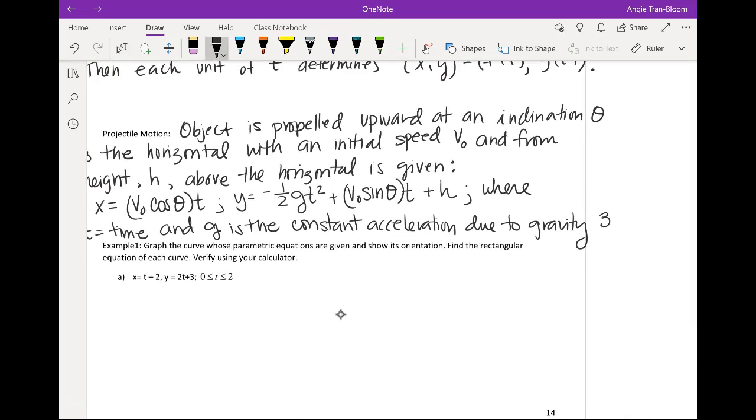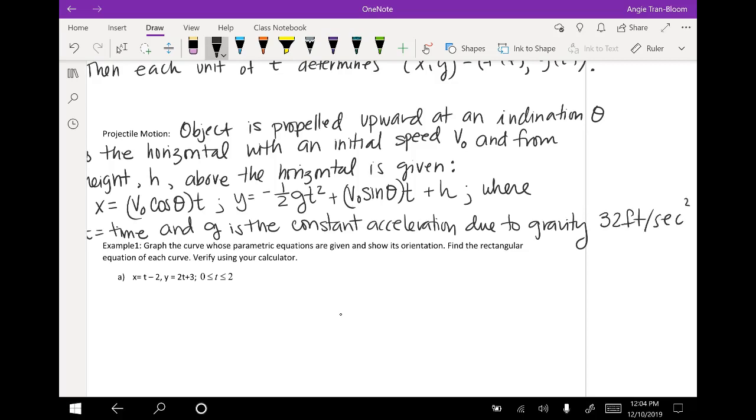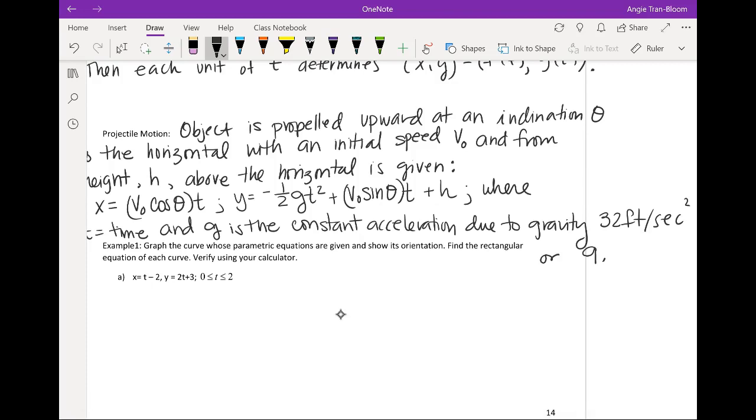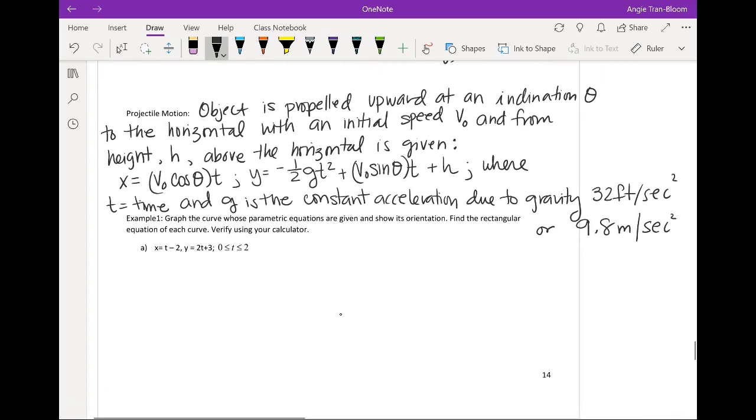So we can use 32 feet per second squared if your height is measured in feet, or if it's measured in meters, then we're going to use 9.8 meters per second squared. I know your physics teacher uses 10 because it's easier calculation, but we're going to use 9.8, okay, because you're going to have a calculator. All right, we're going to do example 1A and B, and then I'll let you loose. Oh, the negative, it's already in the equation.